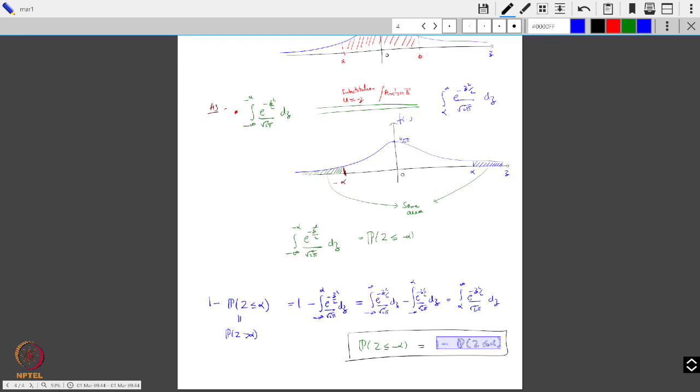Very good. So I'm almost there now. I have this property now. What was I interested in?